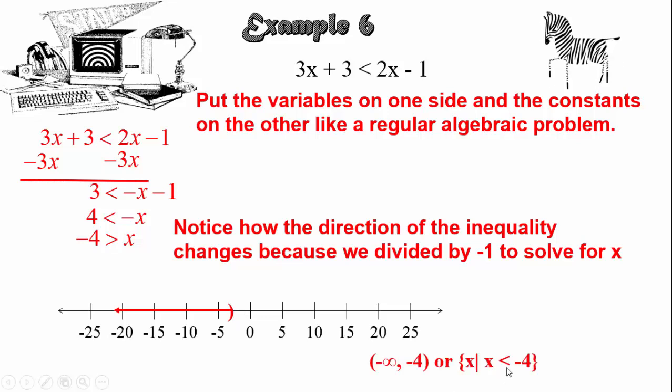We write this in interval notation, starting with negative infinity, round bracket, negative 4, closing with a round bracket because it does not include negative 4. Or we write it in set builder notation, curly bracket x, where x is less than negative 4, close the curly bracket.